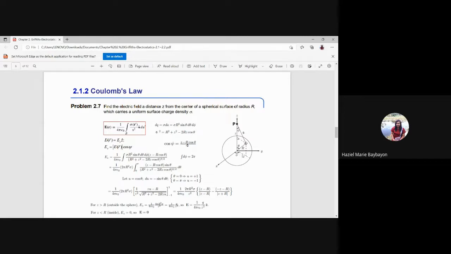I can't draw well. So this is your r cosine theta, and then this is your z. So z minus r cosine theta over r. So that is your cosine phi.